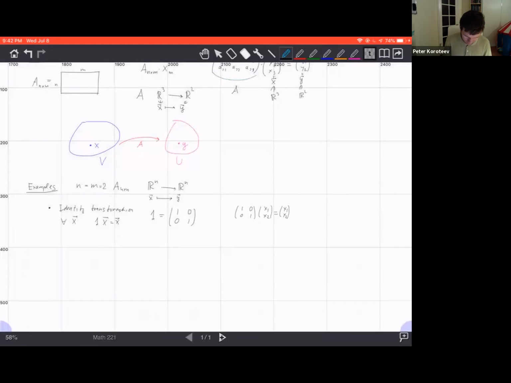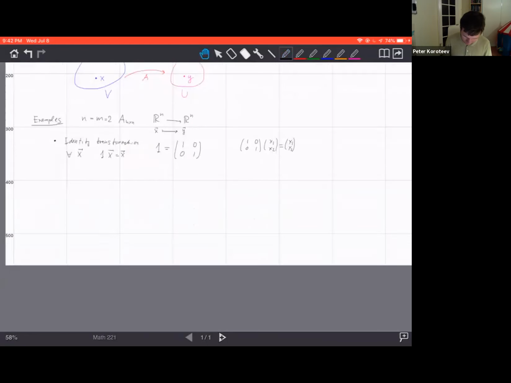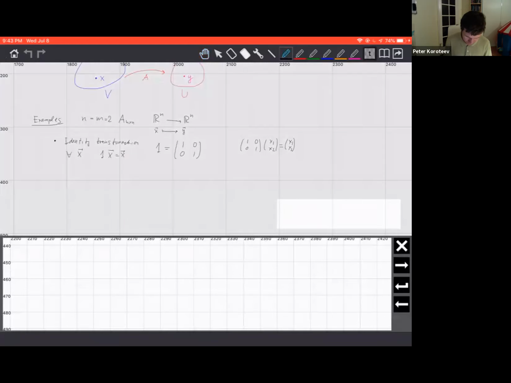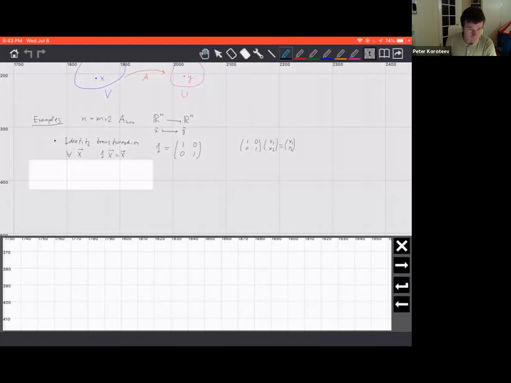Then for this example, let's say we stay in 2 dimensions. The next example is the shear transformation.